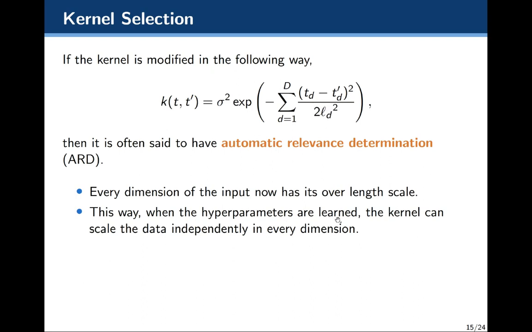And when the hyperparameters are learned, the kernel can learn to scale the data independently on every dimension. So if we learn a very small length scale in a particular dimension, then the value in that dimension doesn't actually affect the covariance very much unless the inputs are really, really close together. And alternatively, if we make the length scale very, very large, we do the opposite thing.